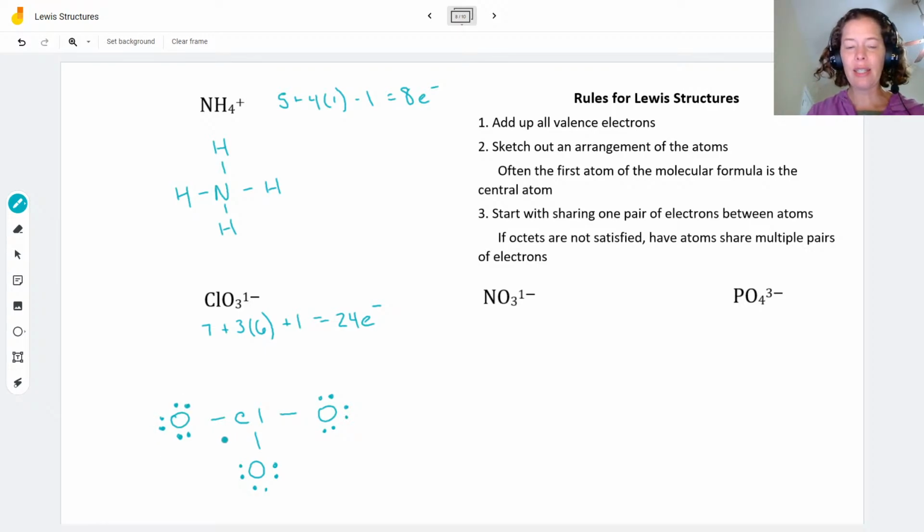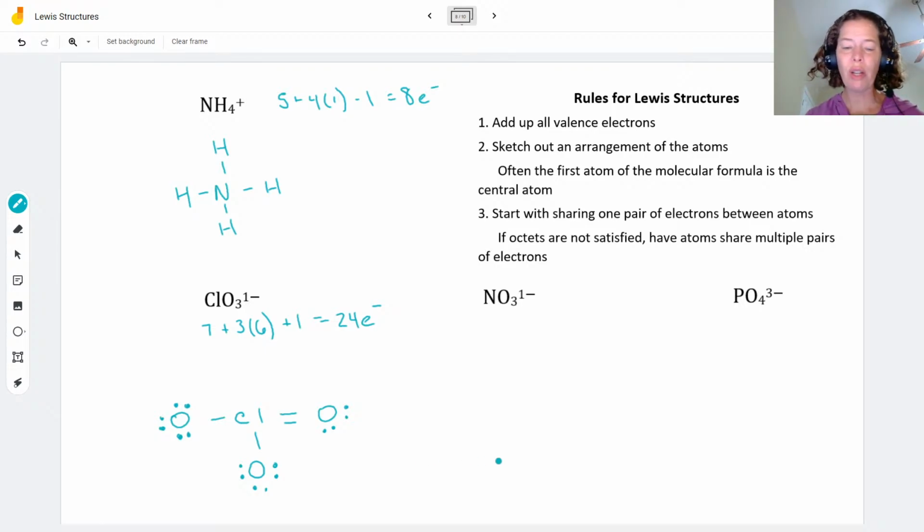Let's check octets. All right, so oxygen here on the left is good. The lower oxygen also has 8. This one on the right is fine, but chlorine only has 6. So I need to make them share more electrons. I'm going to erase that pair right there, and I'm going to make this a double bond.